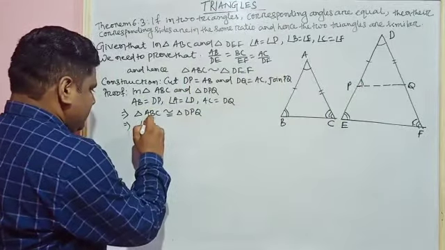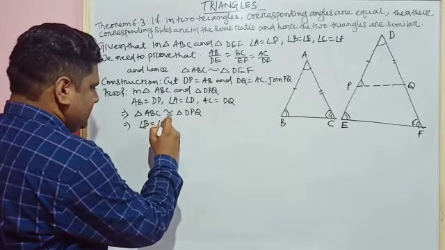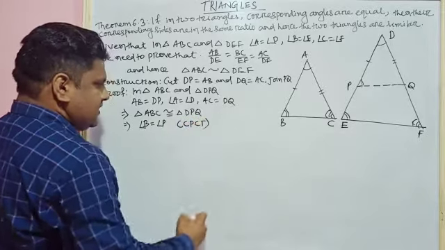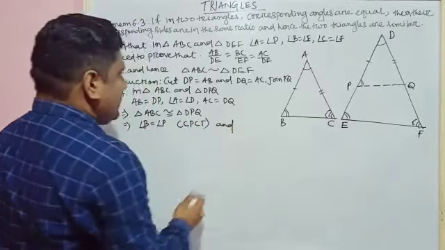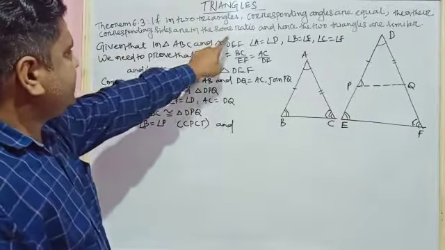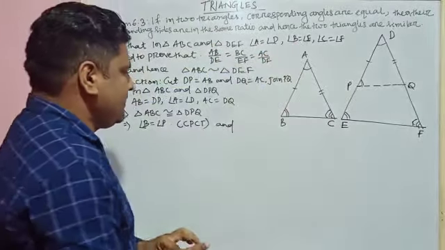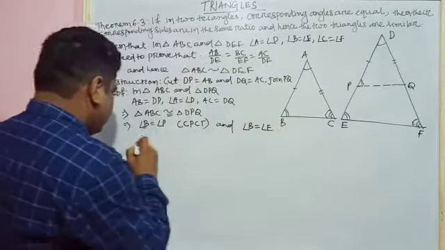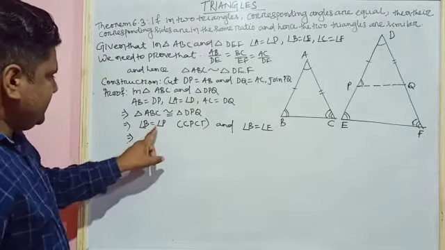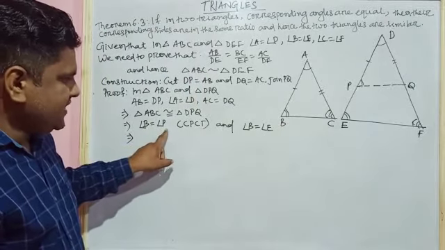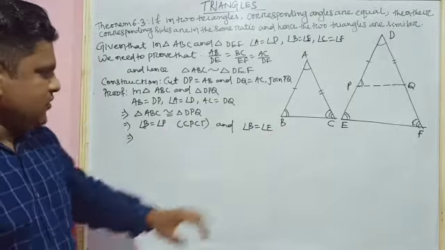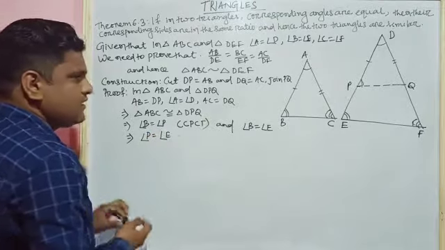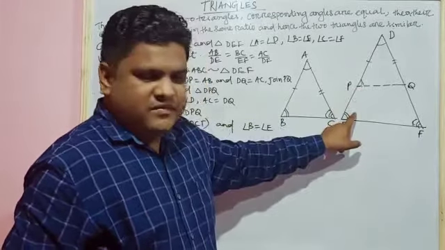This implies that angle B is equal to angle P, by corresponding parts of congruent triangles, and given that angle B is equal to angle E. So angle P is equal to angle B, and B is also equal to E. So we can write angle P equal to angle E.